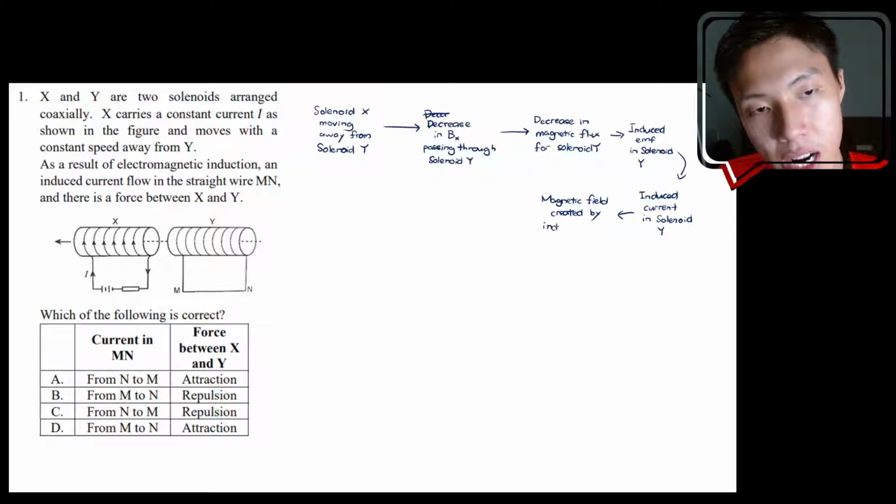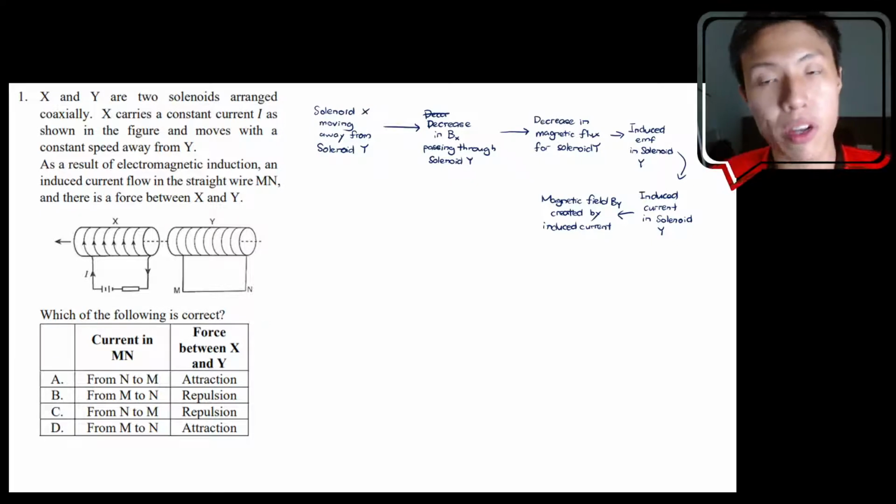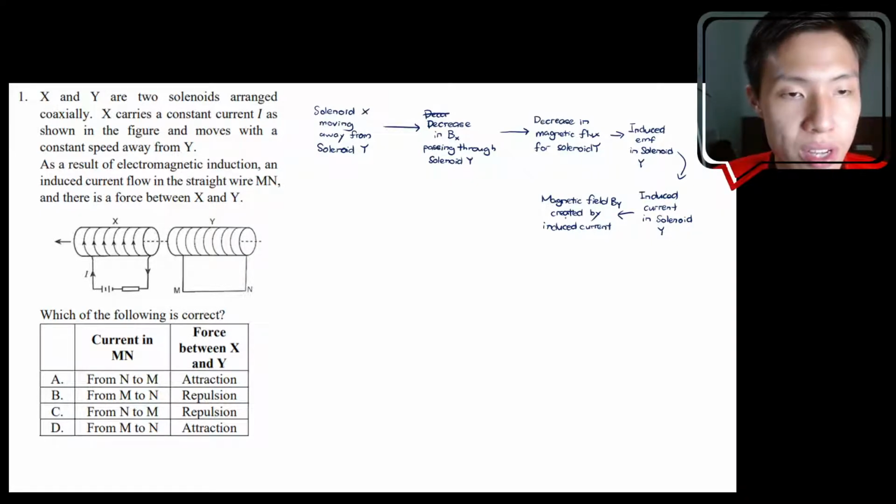We call it By, the magnetic field produced by coil Y, created by the induced current in solenoid Y.